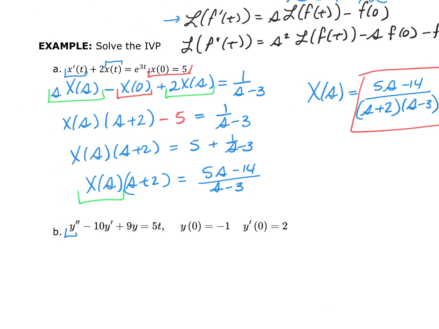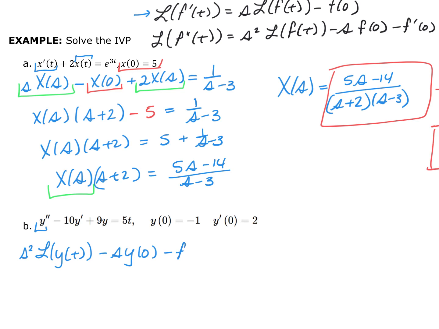Y double prime is going to give me s squared, the Laplace of y of t, minus s y of 0 minus y prime of 0. And that's all for the y double prime.